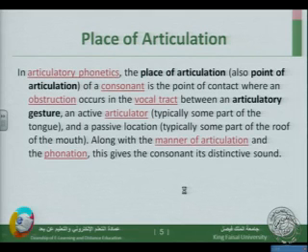Place of articulation. In articulatory phonetics, هذا جزء حكينا من phonetics.